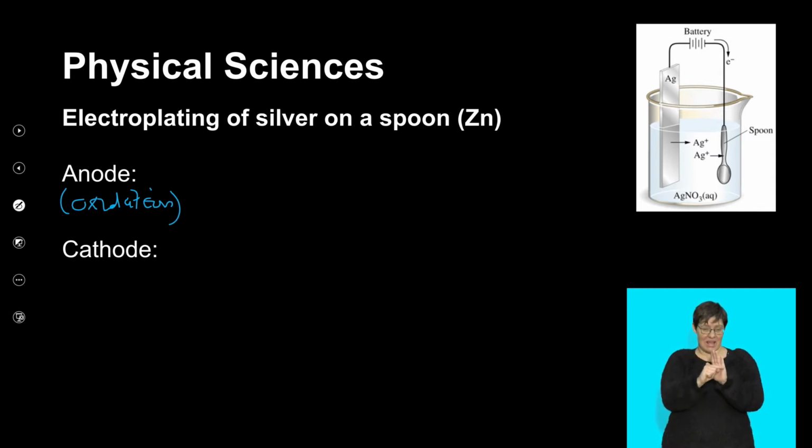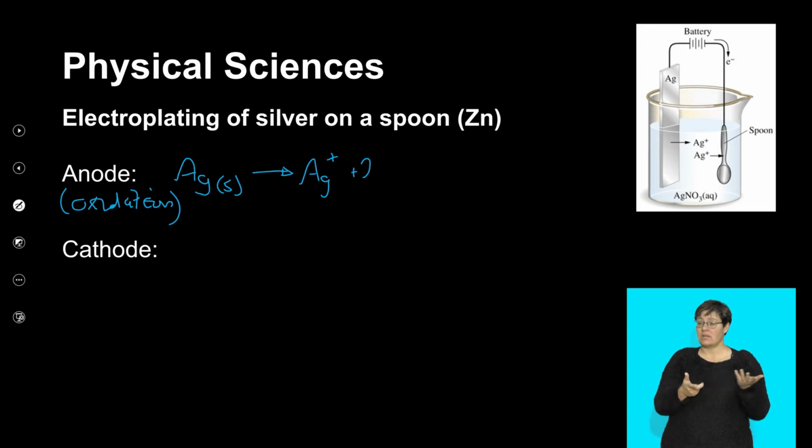So if we start with the metal, silver, as the solid, it's going to be able to lose electrons to form the silver ions, and we're going to write that as the electron over there. So where do you think that's happening? Well, the only place that we've got silver that's producing silver ions is on this electrode. So this electrode is the anode.